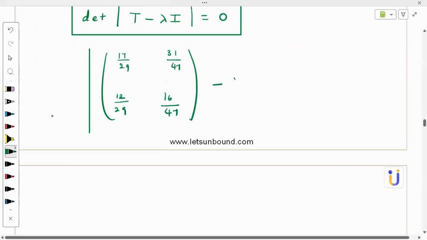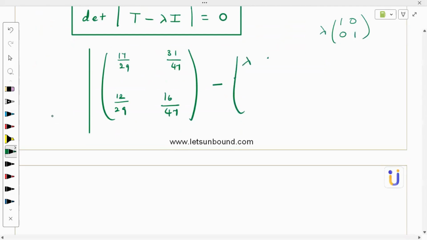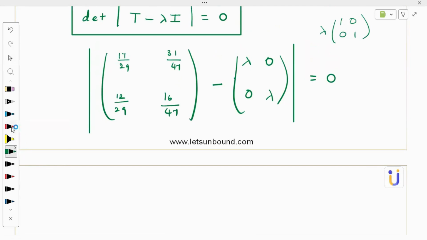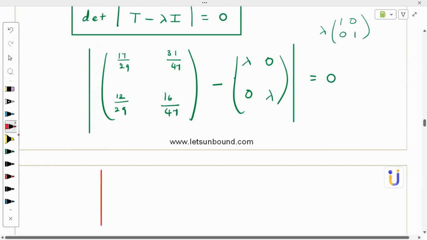minus, I don't know what lambda is. So lambda I is going to be, since my transition matrix is 2 cross 2, lambda 0, 0 lambda, equals 0. Right? Now, let me simplify this. It's a normal subtraction. So the corresponding element for 17 by 29 is lambda.